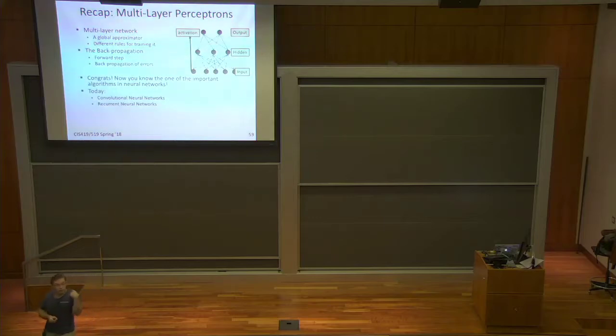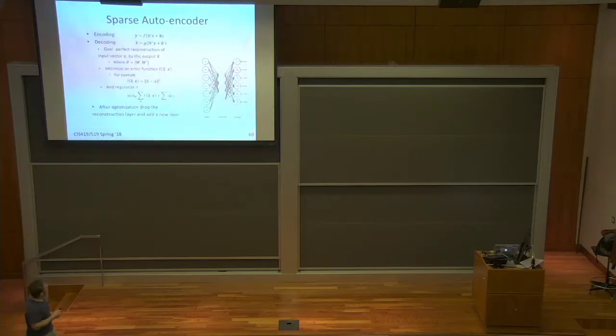And before I get to any of these subjects, let me briefly mention something that we didn't have time for last time. And that is the idea of pre-training neural nets. So most of what we talked about was supervised learning in the sense that there are a bunch of inputs and there are annotations, output labels for the given input.